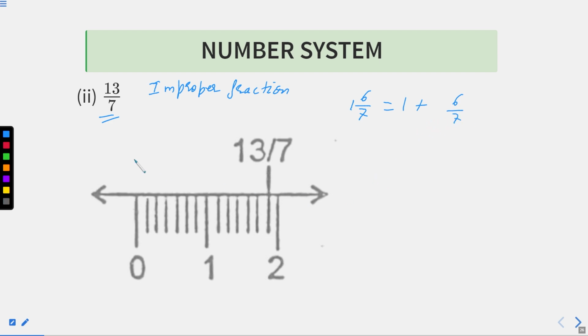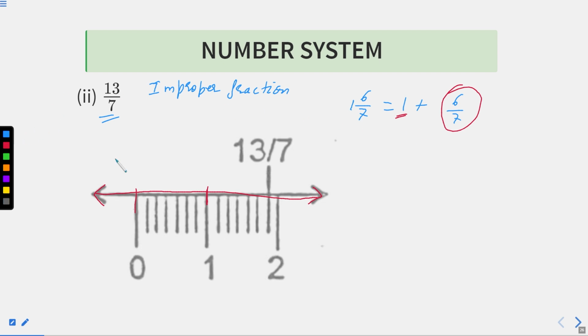So what are we going to do? Just simply make a real line. So here is our real line. Here is our center 0. We first move to 1. So here is 1. Okay. Now after this we are going to represent 6 by 7 using the previous steps.